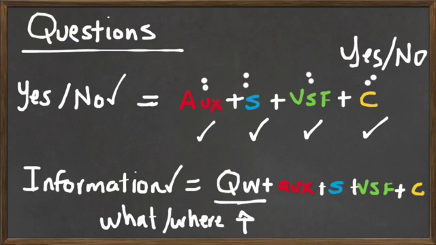For example, what language do you speak? This time around, we don't seem to have a complement. Well, language would be the complement. Maybe let's say, where do you normally eat your breakfast?